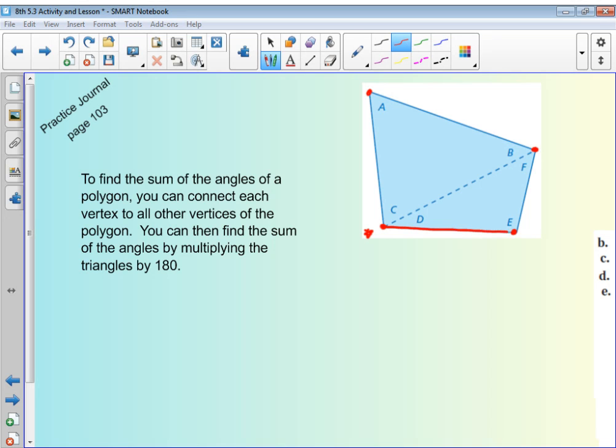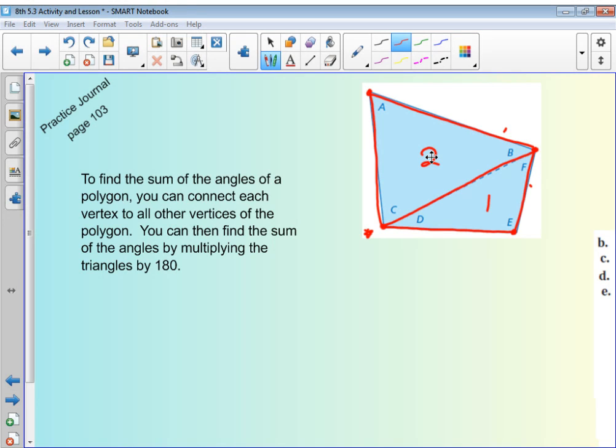If I connect to there, it's already a side. If I connect to here, it's cutting through, but it's now making another line. And if I cut there, how many triangles do I end up with? Well, I end up with 1, 2. I didn't have to connect these last 2 spots, but I'm showing you that there are actually 2 triangles on that figure.